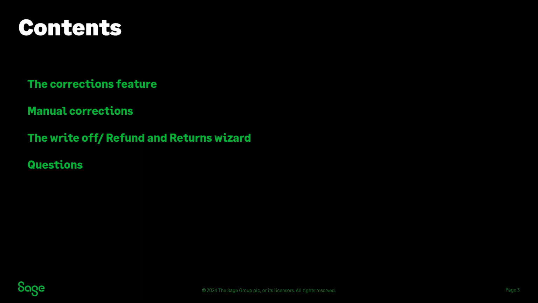And then what we're going to do is look at the write-off, refund and returns wizard as well. So we're going to show you a few different options that you may have access to depending on your level of the software. And then at the end, we're going to come back for any questions that you may have. So if there's any outstanding at the end, we'll do a dedicated Q&A at the end. But like I say, if something's come to mind straight away, don't feel you need to wait till the end of the session today.